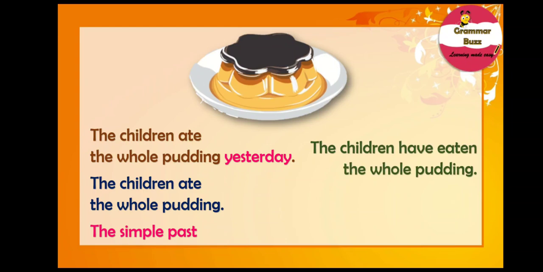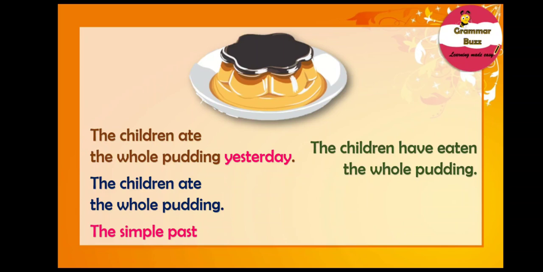Are you confused? Well, there is no need for that. Let us find out, how are these sentences different? When we say the children ate the whole pudding yesterday or the children ate the whole pudding, the time of the action is specified and it is important. In the first sentence, it is specific, that is, yesterday. Even though in the sentence the children ate the whole pudding, the time is not mentioned, it is implied that the children ate the pudding at a particular time.